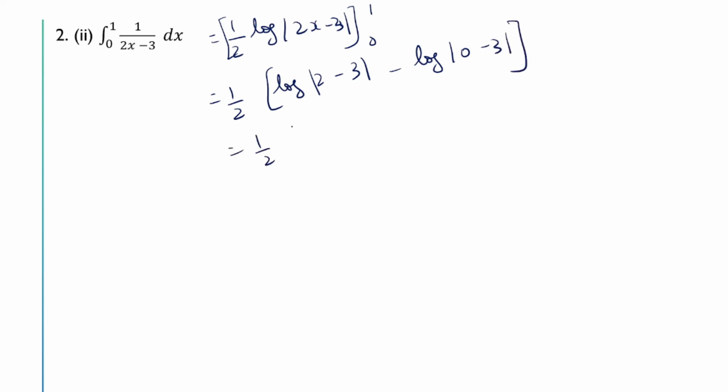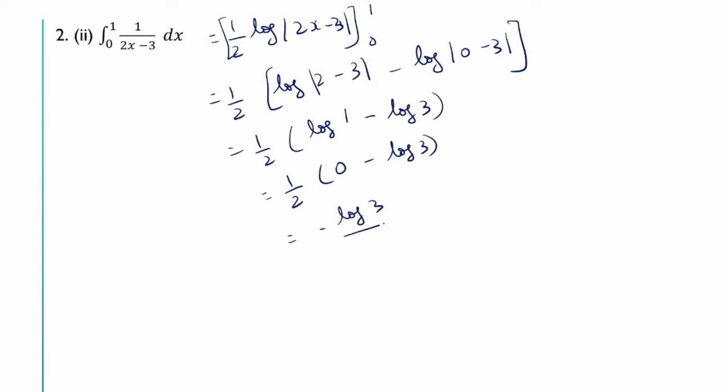So it is equal to half of log, 2 minus 3 is minus 1, mod minus 1 is plus 1. So it is log 1 minus log mod minus 3, which is log 3. So this is equal to half, log 1 is 0, minus log 3. So this is equal to minus log 3 by 2.